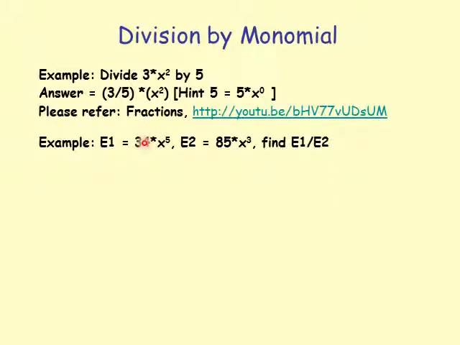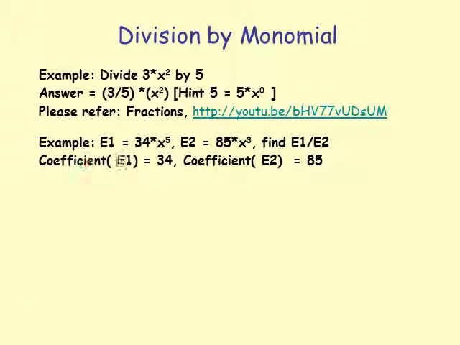Let's do another one. E1 is equal to 34 times x to the 5th power, and E2 is 85 x cubed, and we have to find E1 divided by E2. The coefficient of E1 is 34 and that of E2 is 85. The coefficient of E1 divided by E2 is 34 divided by 85, which is 2 divided by 5, since 17 is a common factor you can cancel out.